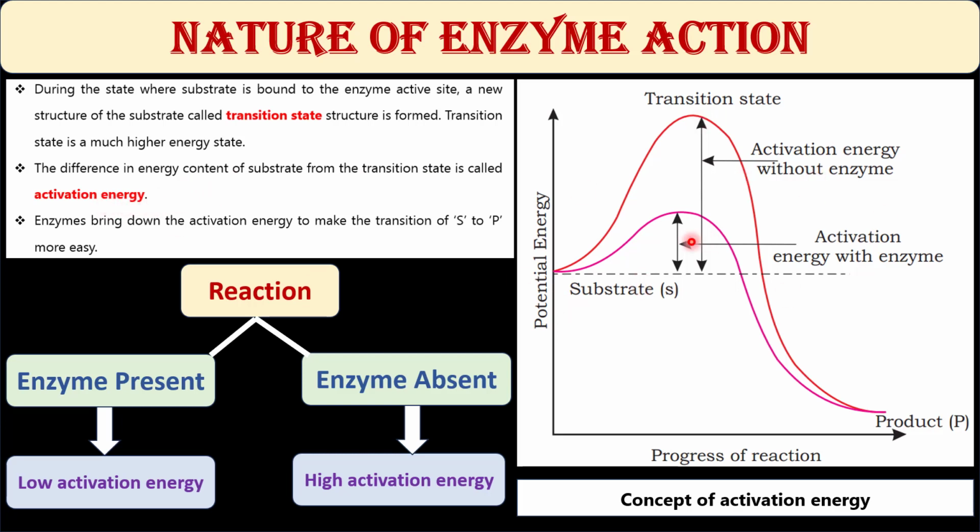So we will see this picture. In this picture, the x-axis represents the progress of reaction and the y-axis represents the energy. So here is our substrate S and here is the transition state of substrate, which obviously has higher energy compared to the substrate.